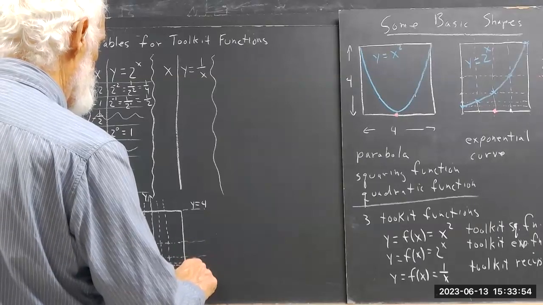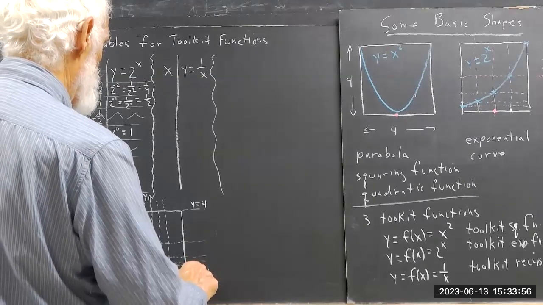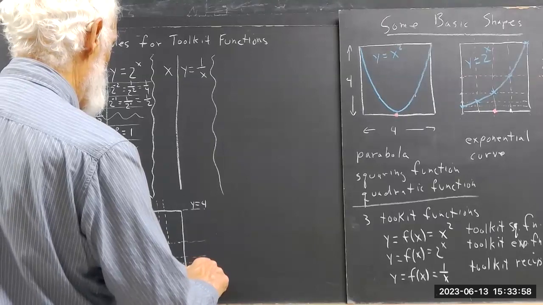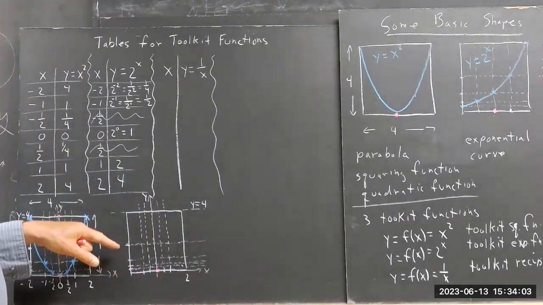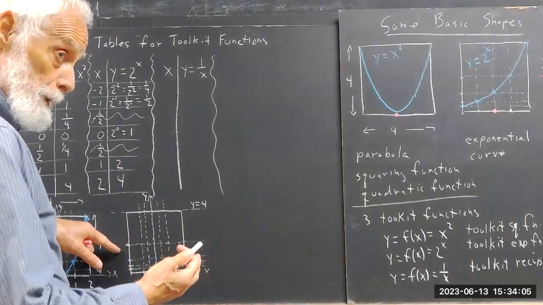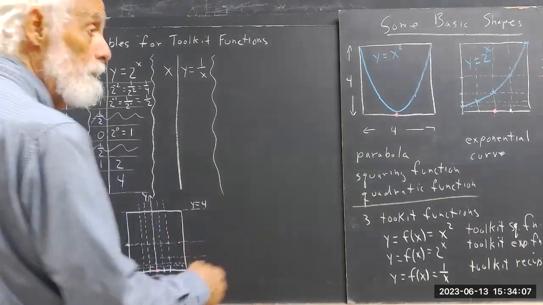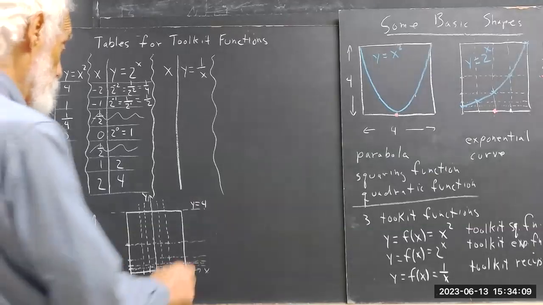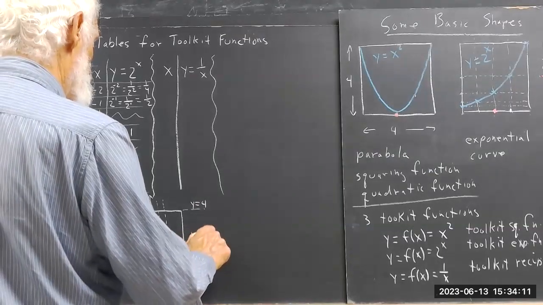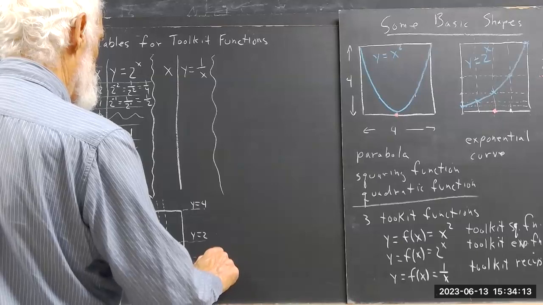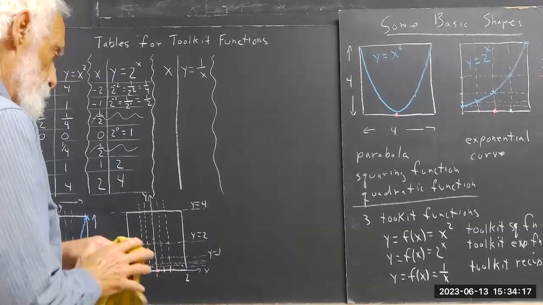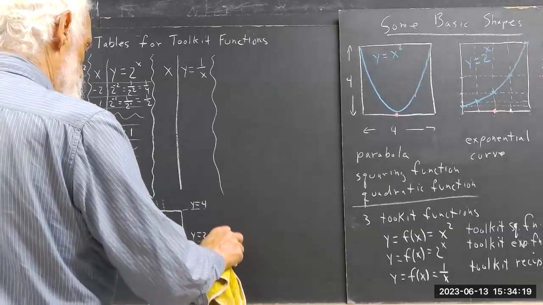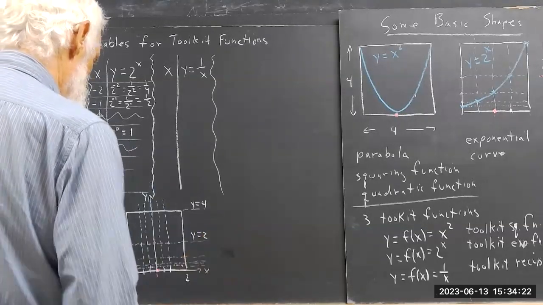What's this line? What's this line and what's this line? Well, you should be able to answer. Pause and think about it, but this is y equals 2. This is y equals 1. And that's kind of a swap here. Try to write that one clearly.